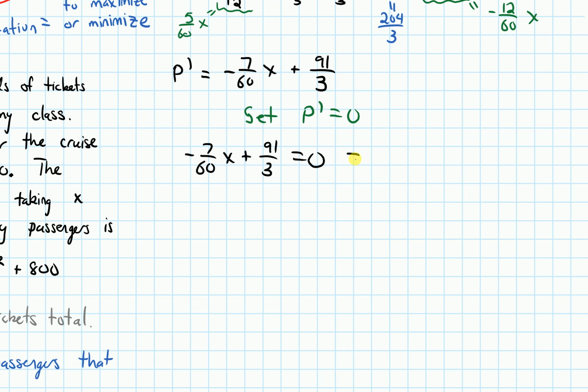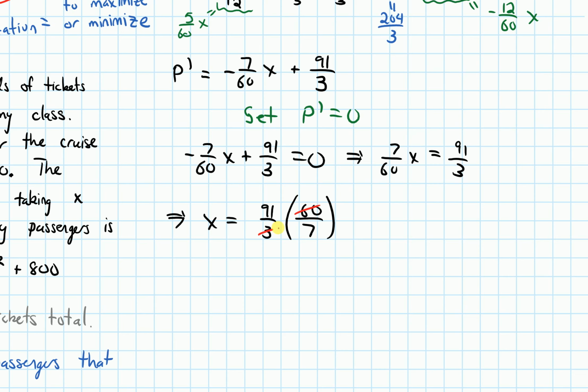If I rearrange this a bit, we get positive 7 over 60 x equals 91 over 3. Now I can isolate x by multiplying both sides by 60 over 7, the reciprocal. That gives us 91 over 3 times 60 over 7, and then we get some nice cancellation.